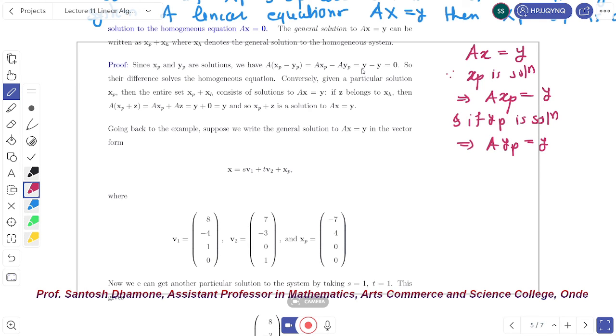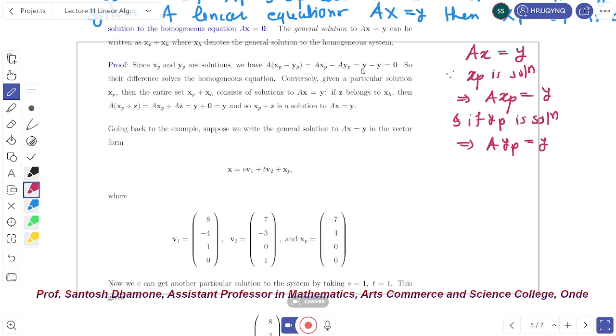Going back to the example, suppose we write the general solution to Ax equal to y in vector form: x equal to s into vector v1 plus t into vector v2 plus xp. Here xp is the particular solution, v1 is the coefficient of s, and v2 is the coefficient of t, where v1 is 8, minus 4, 1, 0, v2 is 7, minus 3, 0, 1, and xp is the constant vector minus 7, 4, 0, 0.